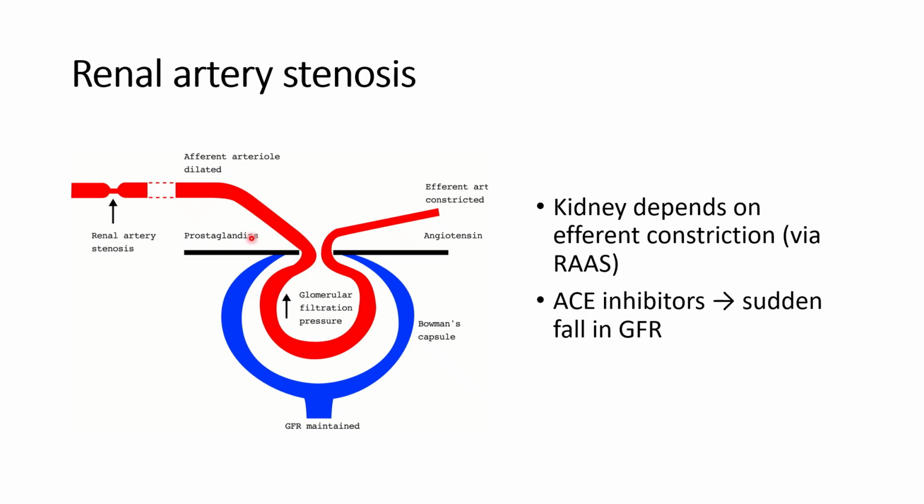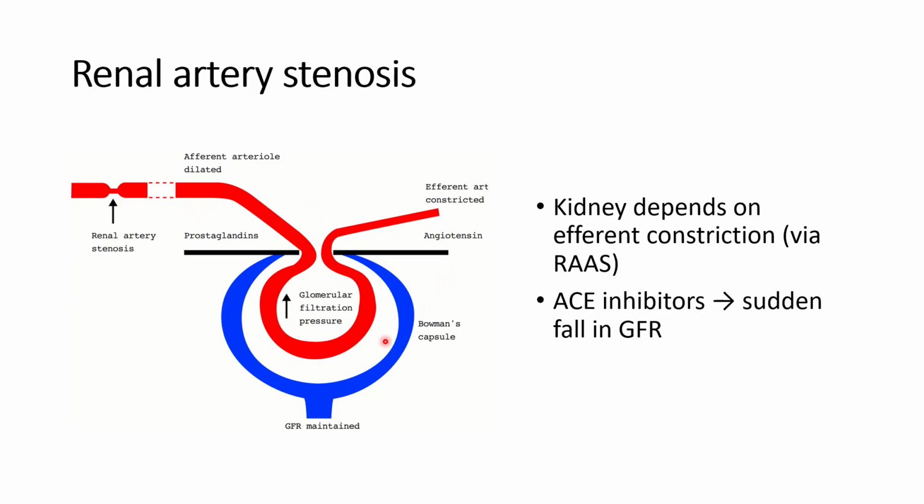So physiologically, what the body tries to do to maintain GFR is cause constriction of the efferent arteriole, so that the pressure increases and the GFR is maintained. However, in such a patient, if you use ACE inhibitors, that will prevent angiotensin 2 from acting on the AT1R receptor and will hamper the constriction, the safeguard that was happening to maintain the GFR, and that will decrease the GFR.